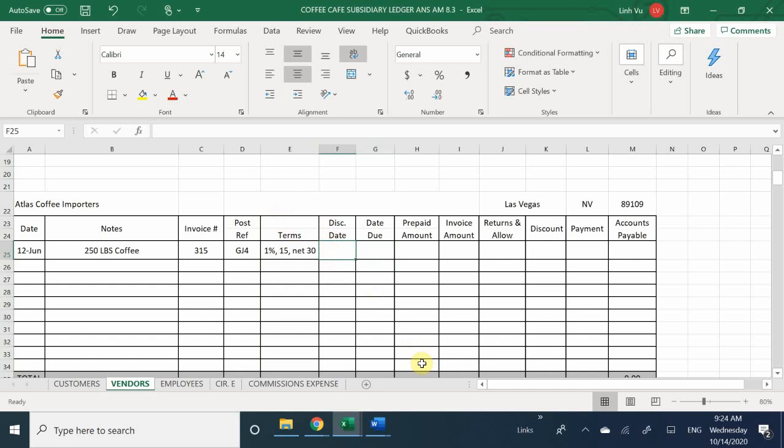Let me see. Yes, the 27th of June is the last time we can receive the discount. If not, when is the actual due date? July 12. Yes, July 12th is going to be our actual due date for the entire amount.